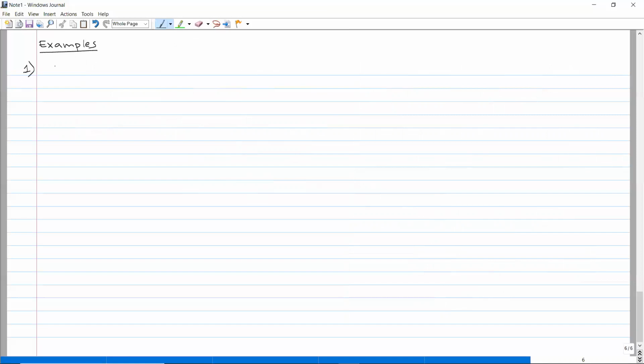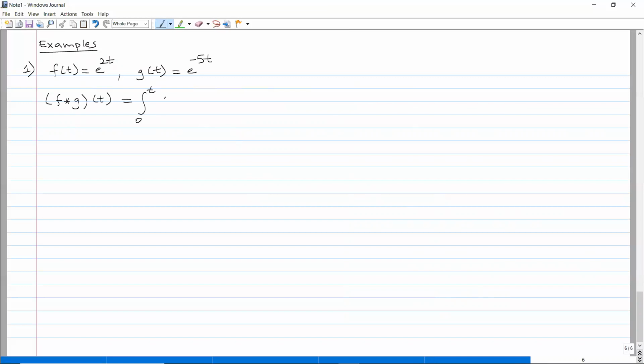What would be the convolution of two exponential functions, for example? If f of t is, say, e to the 2t, and g of t, let's say, e to the minus 5t. What is the convolution? We take the integral from 0 to t.